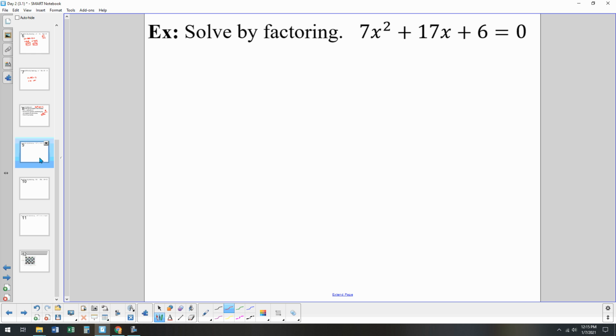So we're going to solve this by factoring. We notice that there's a 7 in front of the x squared. So I'm going to start by doing 7 times 6, and I get 42. So 42 is the number I'm now going to find the factors of, and I'm looking for the pair that adds to 17. So we have 1 and 42, 2 and 21, 3 and 14, and look at that, 3 and 14 adds to 17.